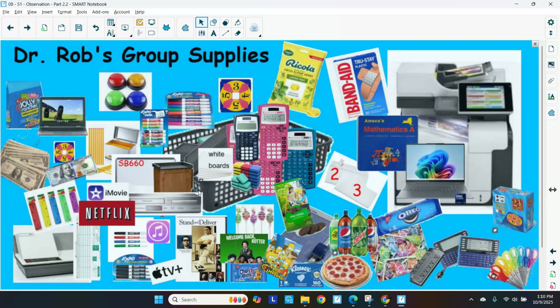So there's a lot of stuff. There's my smart board, my smart card, a VHS player and a DVD player. So I bought all this stuff for my kids to have and use because I value technology and I want my kids to be well prepared for the world.